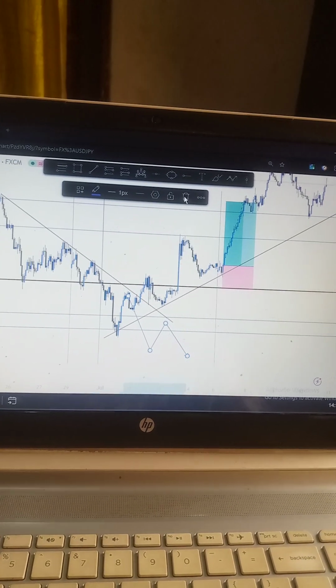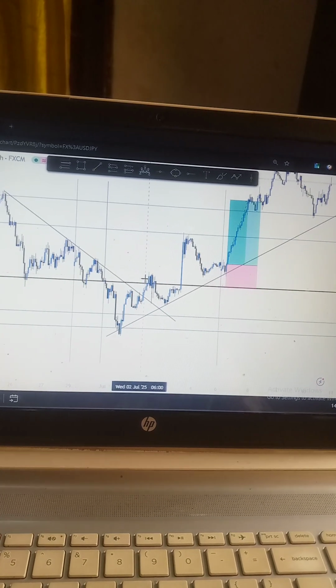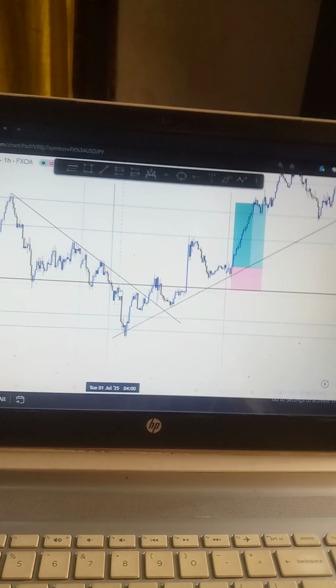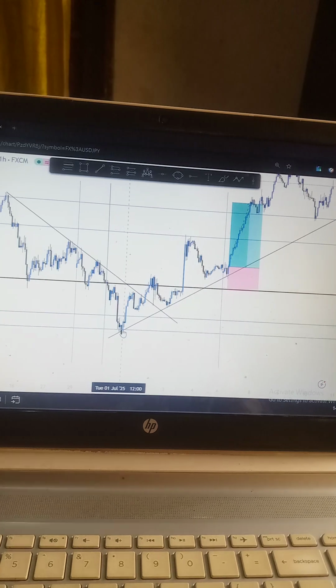So when the market pulled all the way to the upside, it created a small lower low, then pulled to the upside, creating a structure which caused the break of the lower high that created this lower low.